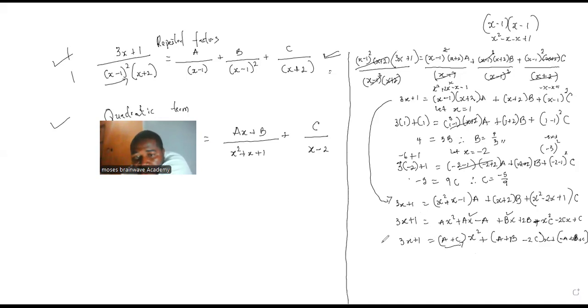So here is the same thing as saying you have 0x squared, right? Because there's nothing like x squared on this side. So we equate them together. So we're going to have 0 is equal to a plus c. Similarly, if you want to get the coefficients of x, 3 is going to be equal to a plus b minus 2c.